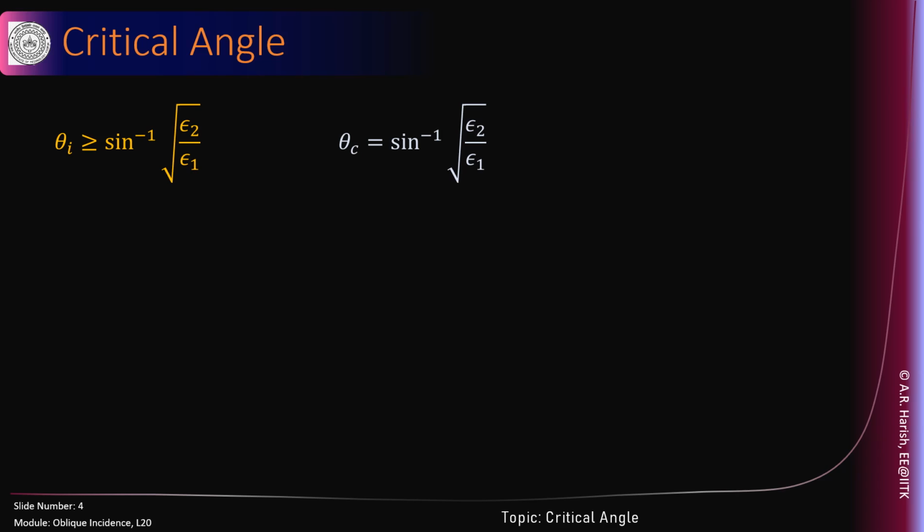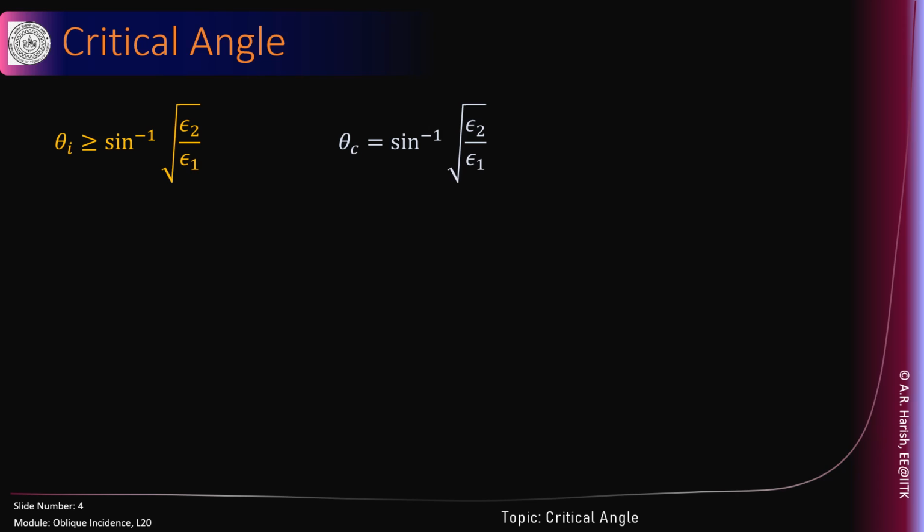That is part 1. Second, for theta C to be real, and for total internal reflection to happen, epsilon 2 must be less than epsilon 1. Therefore, when the wave is incident from region 1 with a permittivity epsilon 1 higher than region 2, which has a permittivity epsilon 2, then we observe total internal reflection if the angle of incidence is greater than theta c.